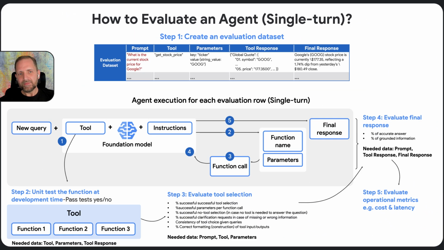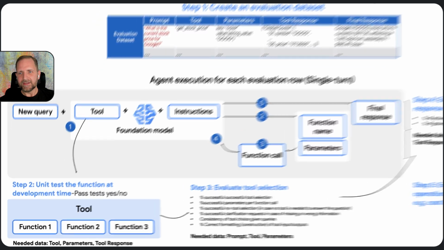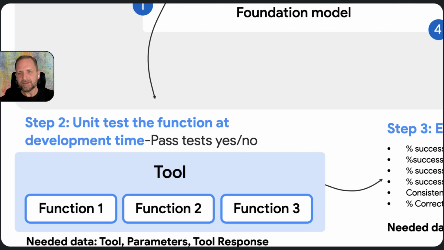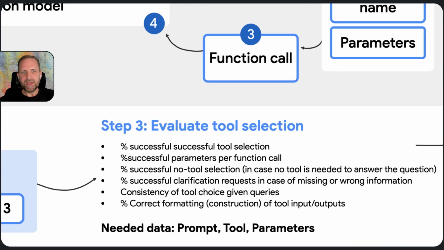But before I jump into the evaluation tasks, it is very important as a prerequisite to say that during tool development, the developers who are responsible for creating these tools need to create code unit tests. That means they need to test that their tools work. With this prerequisite, the next step is to conduct the evaluation based on the data that I mentioned earlier.